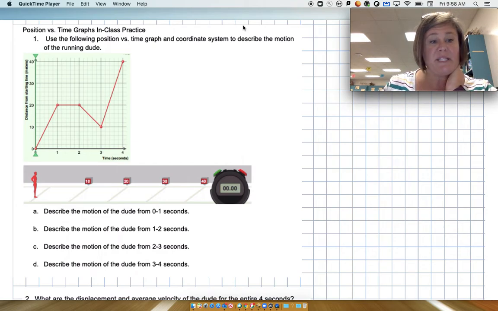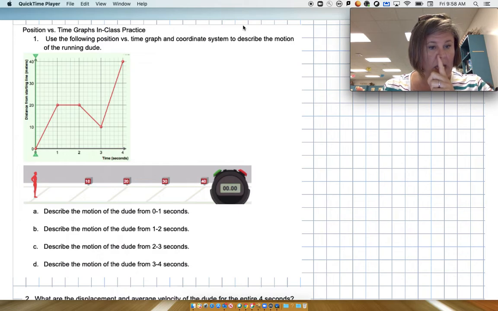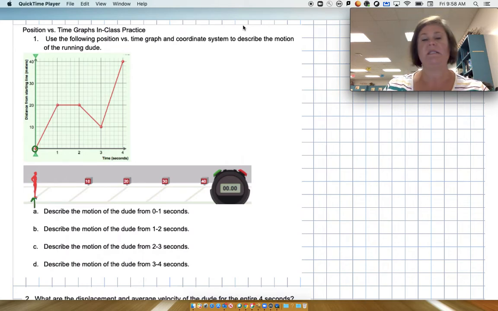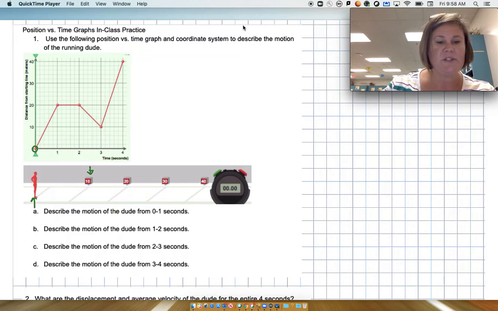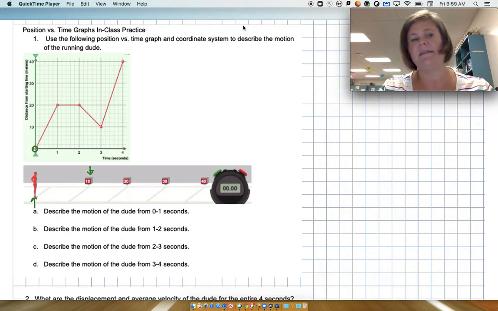So we have a position versus time graph of this running dude, okay? You can see that the running dude starts off at the 0 position, and see, here he is right there, 0 position. And then this represents like the 10-meter mark and the 20-meter mark and the 30-meter mark and so forth, okay? So we want to describe the motion of the dude for the first second. And I'm telling you right now, this is not realistic, okay?